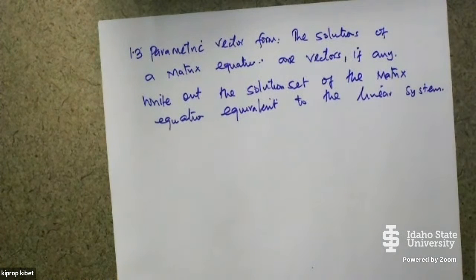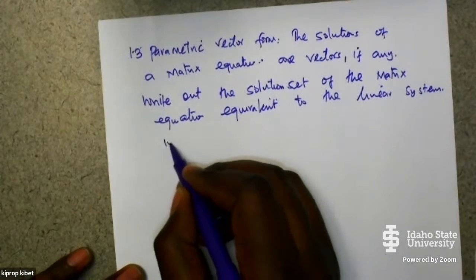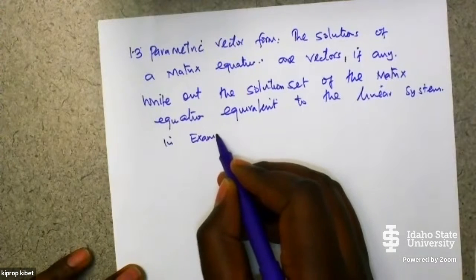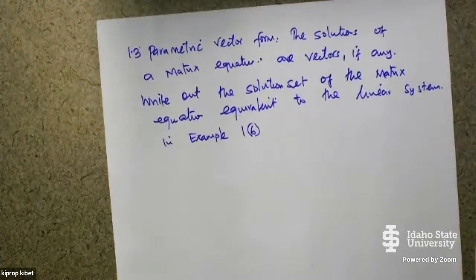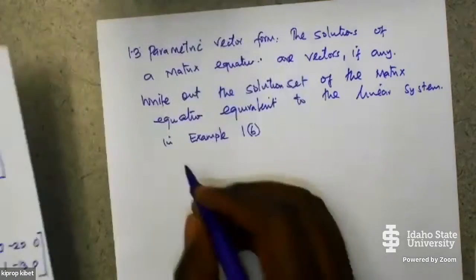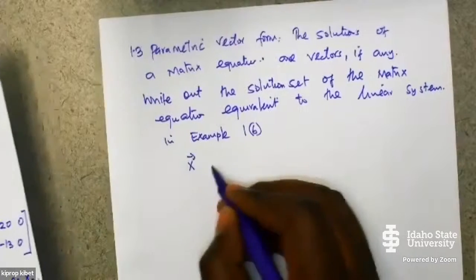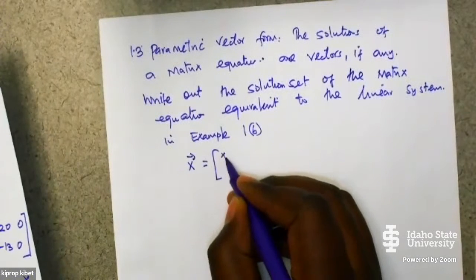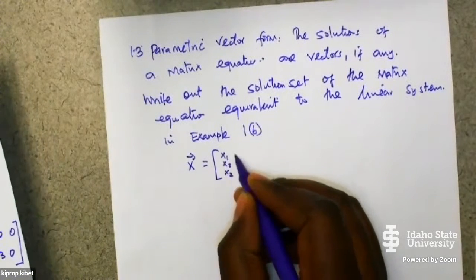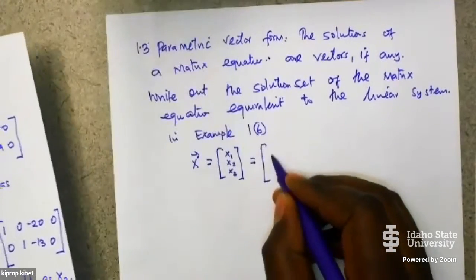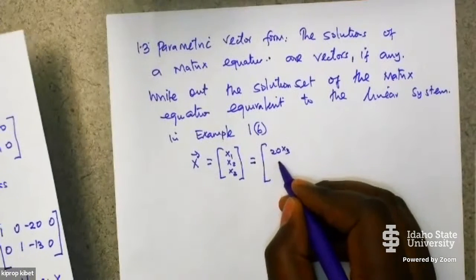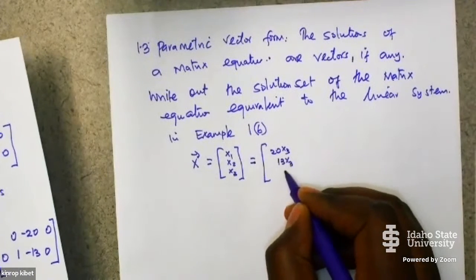Like in example 1b, the solution set there we got as x, which equals x1, x2, x3, which we found as 20x3, 13x3, and x3 there.